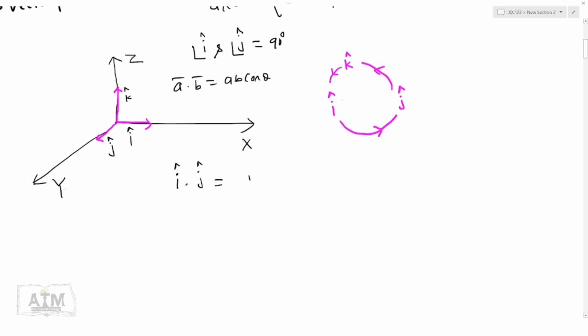Therefore we can write the magnitude of i cap and the magnitude of j cap multiplied by cos 90, and cos 90 equals 0. Therefore everything is 0, so i dot j equals 0. Similarly, j dot k equals 0, and k dot i equals 0. So in the scalar product, whenever two vectors are at 90 degrees, the result is 0.